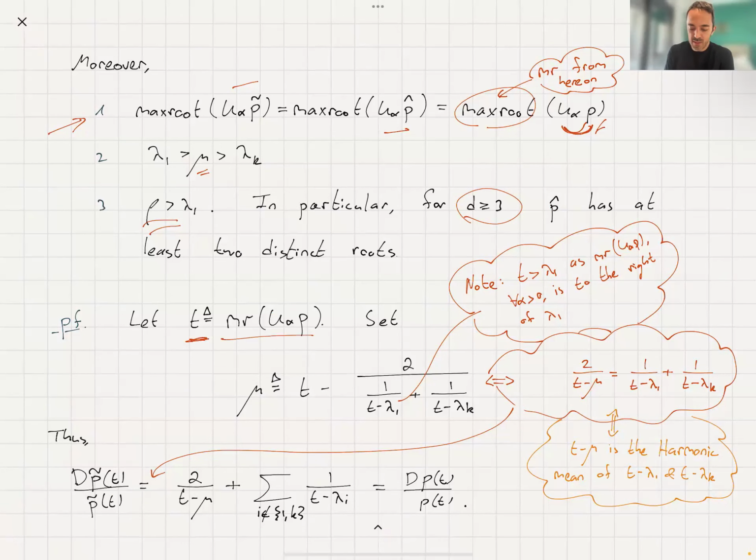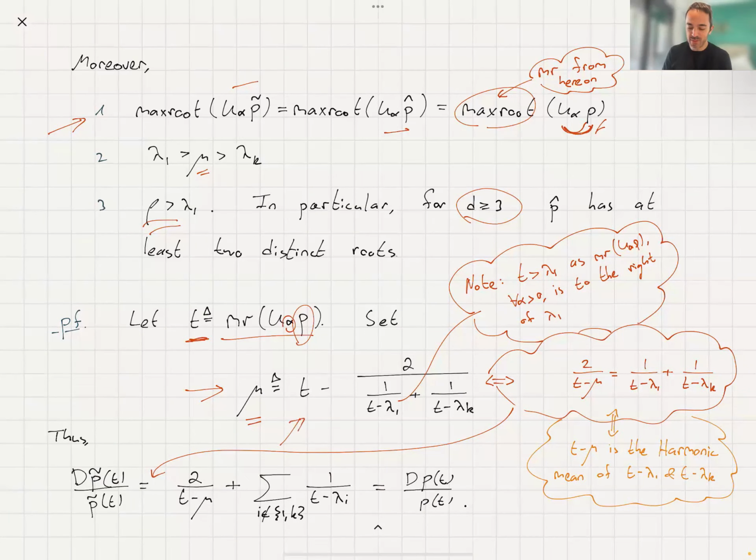So T is the max root of U alpha P, and of course you gave me alpha and you gave me P, so now I know T. When I define mu like this, T minus something resembles a harmonic average, and it is one.